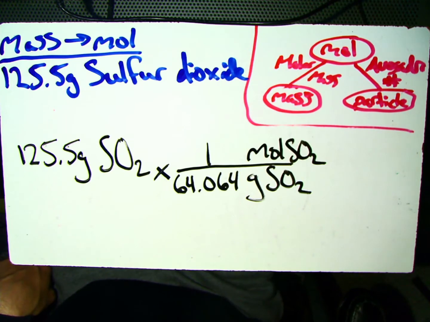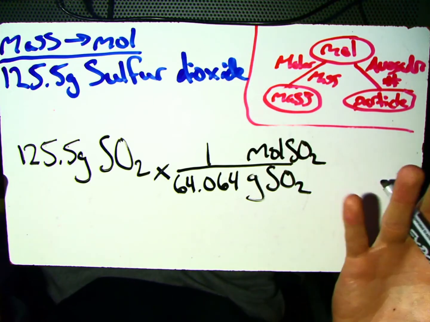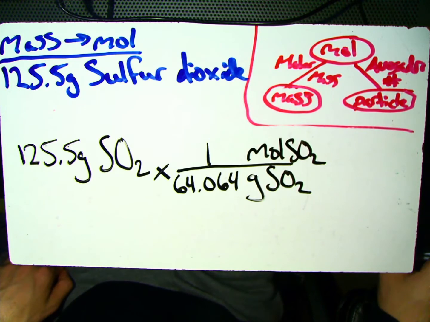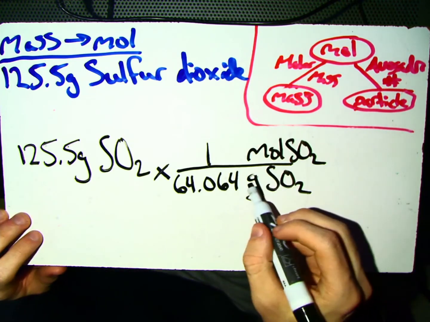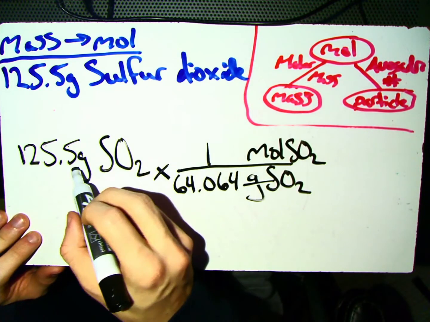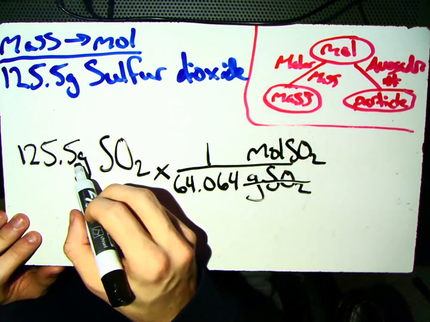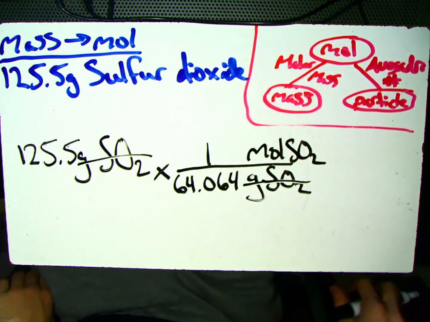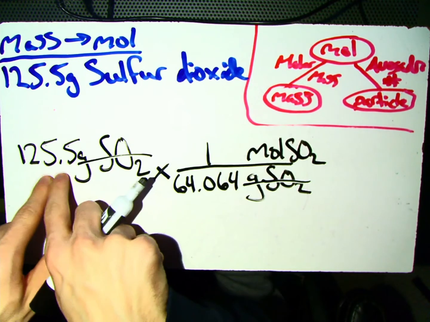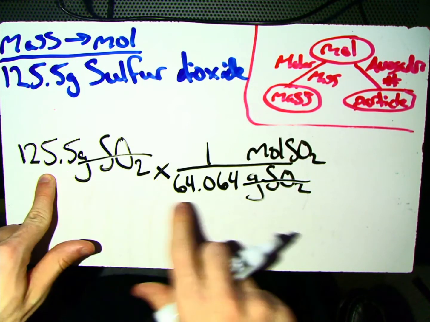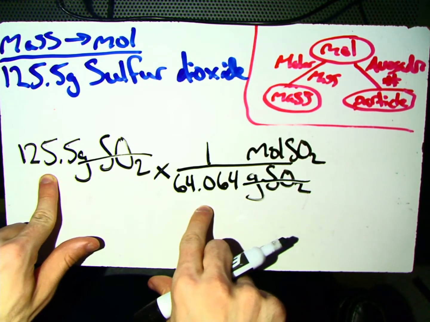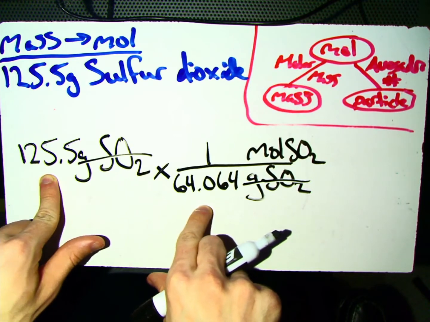All right, nice. This is all we have to do. We have it completely set up. It will help to cancel out units here, right? We're done with grams. So now it really is just 125.5 times 1 over 64.064.